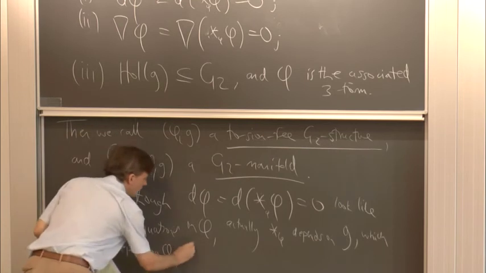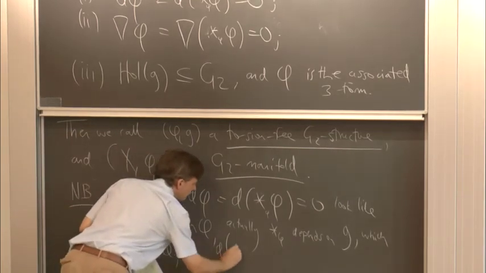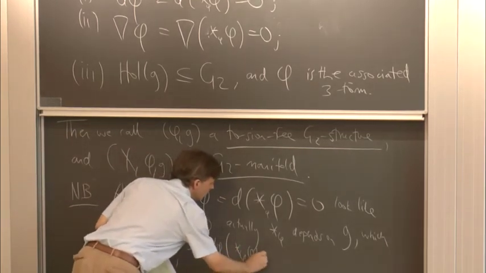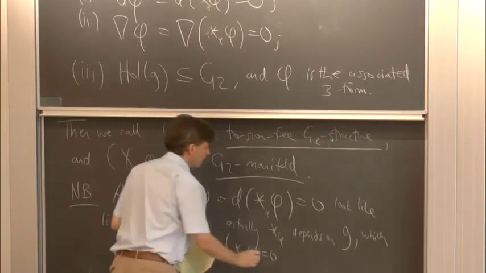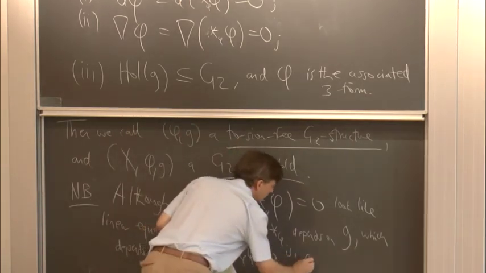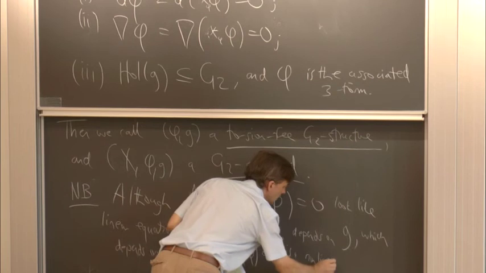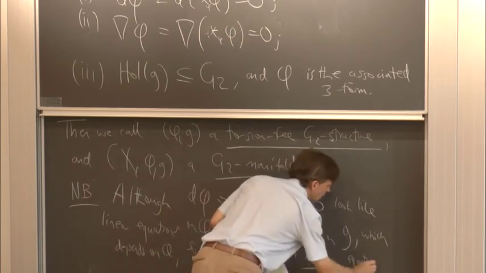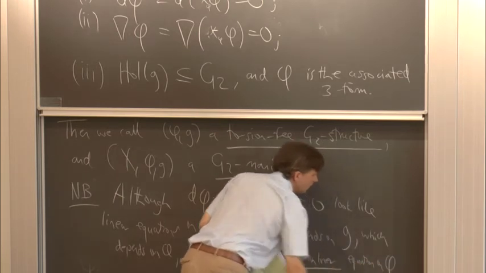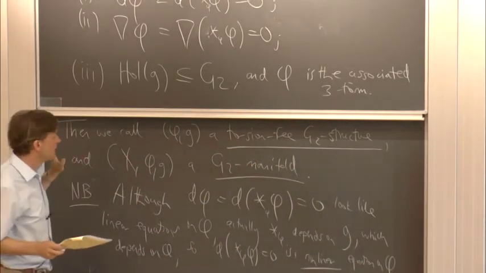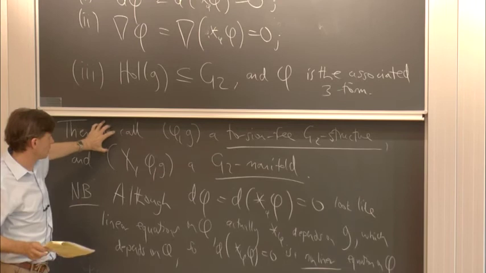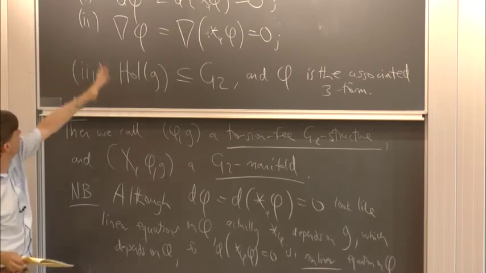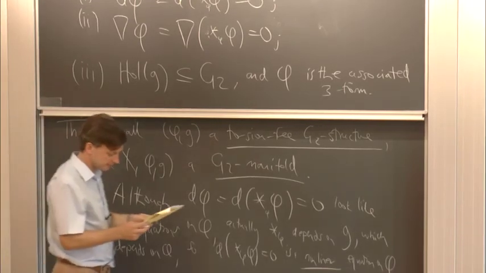So actually d of star phi = 0 is really a non-linear equation on phi. So if we want to study torsion-free G2 structures, we have to solve these non-linear PDEs.